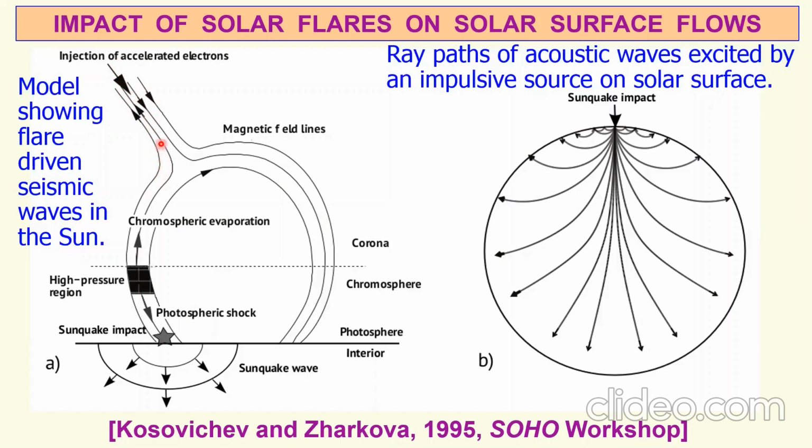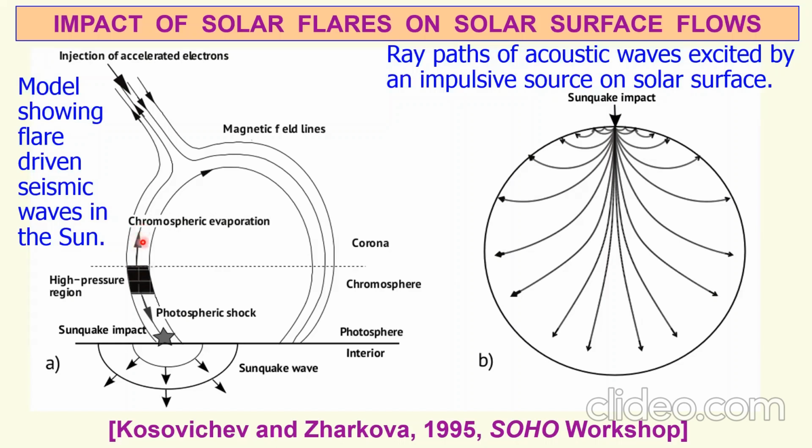These are highly energetic electrons and they move, or gyrate, along the magnetic field lines and emit gyrosynchrotron radiation. As well, when these highly energetic particles hit the chromospheric thick target, the chromospheric plasma, then this plasma gets heated up. And then there is chromospheric evaporation.